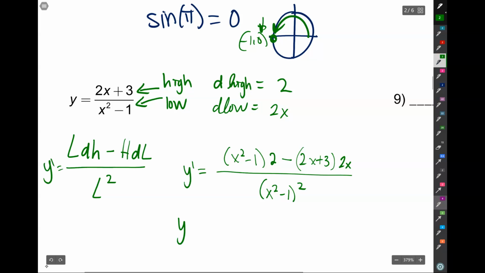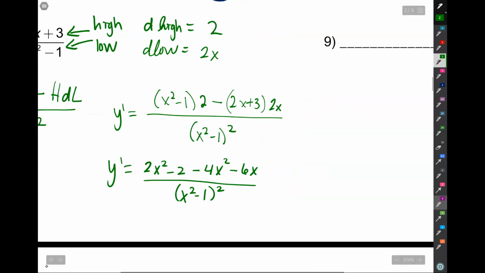So I'm going to simplify the top, and it would be great if I could fully factor the top and cross something out. Ideally I just want you to simplify. 2x squared minus 2 minus 4x minus 6x. All right, so x squared minus 1 squared.